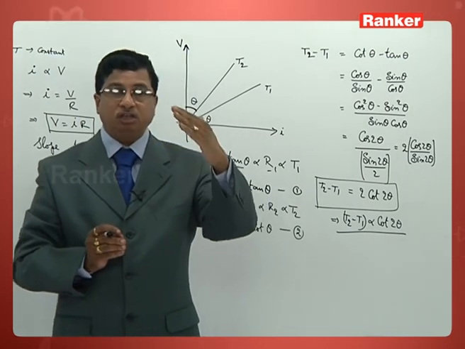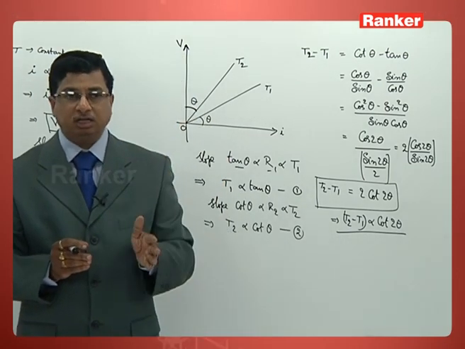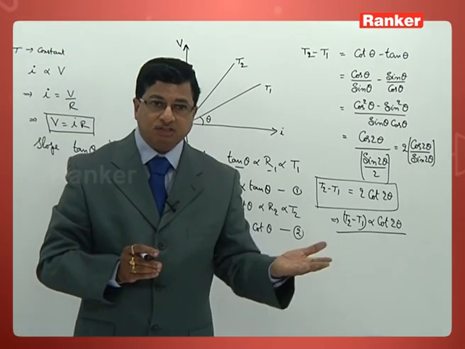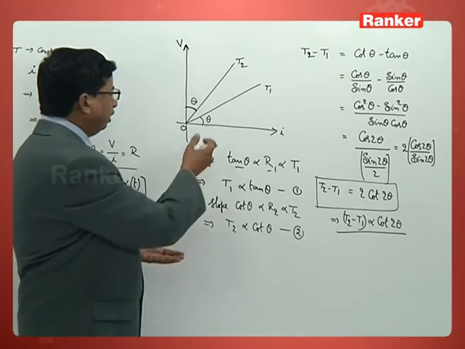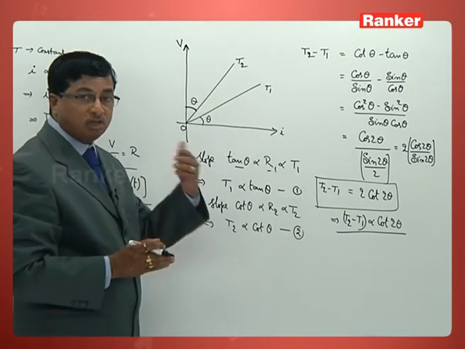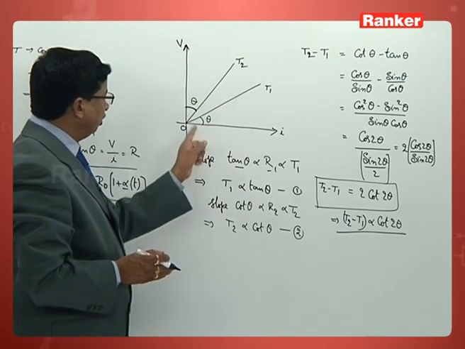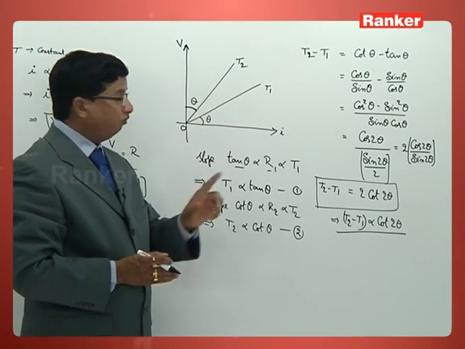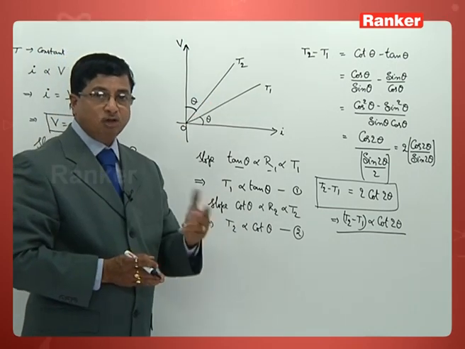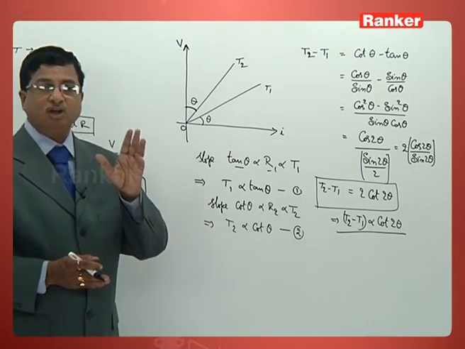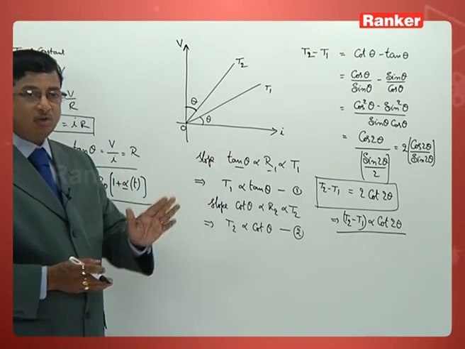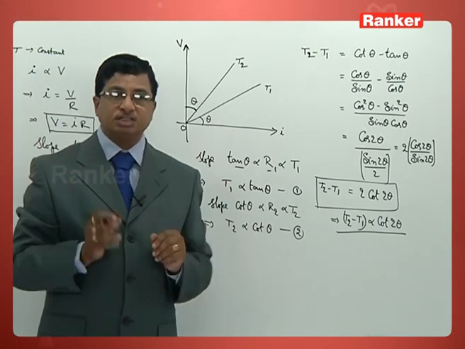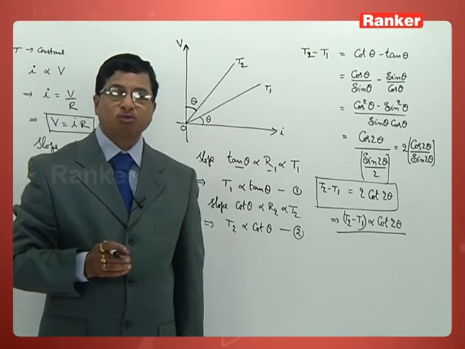If temperature changes, automatically resistance also varies. When resistance changes, the slope changes, due to which we are given here two different straight lines with two different slopes. Two different slopes means they individually have two different values of resistance. That is the point one has to understand.